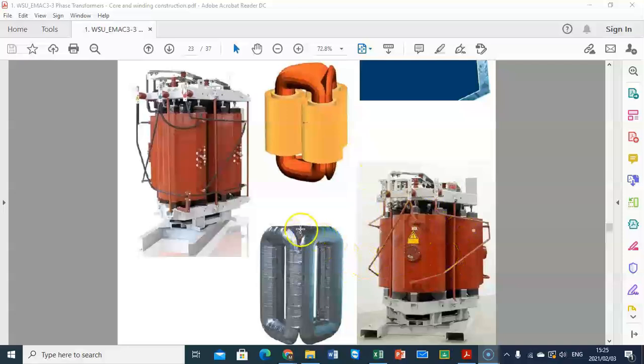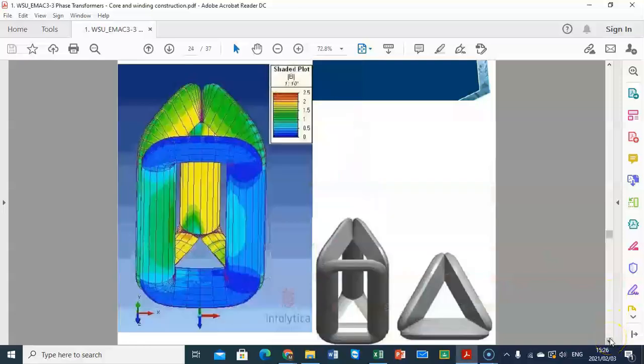If we had a fourth core in the middle, it would carry the flux due to phase A, phase B, phase C, and because they lag each other by 120 degrees, you know that the sum of those fluxes would be 0. That's why we don't need the one in the middle, and that's how we have the windings. So we have phase A, phase B, phase C, and in the next slides you will see how we are going to do the windings.